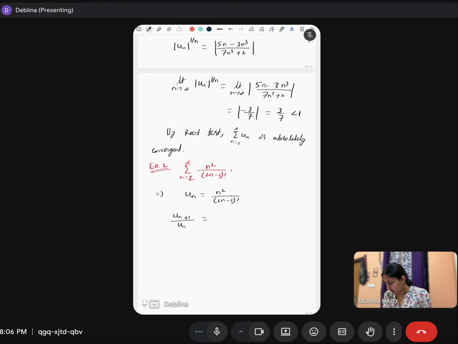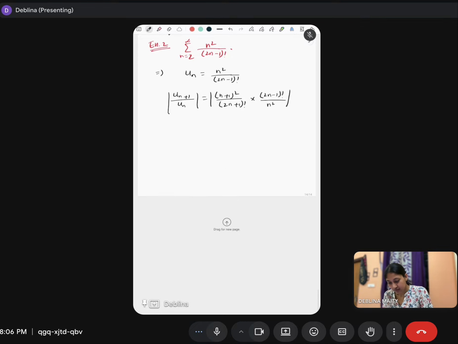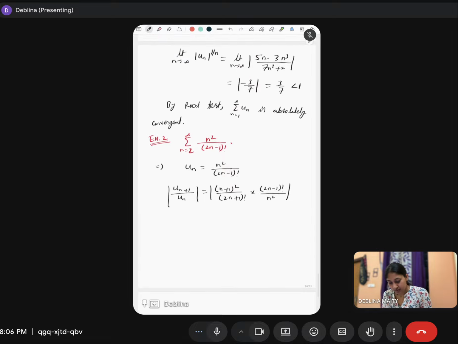So it will be modulus... right? So this is (n plus 1) square by n square into (2n plus 1) into 2n, right?